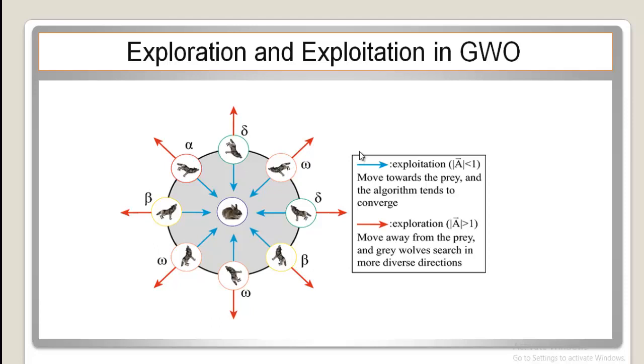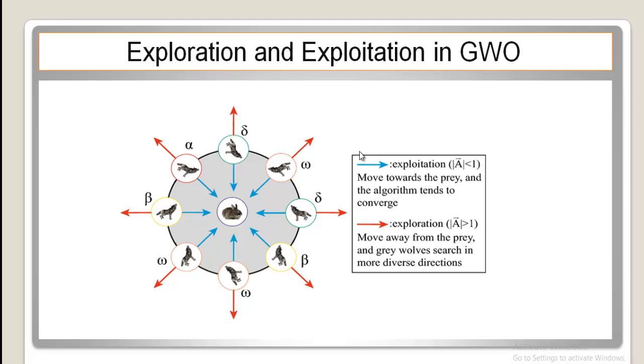This is where our solution is narrowing down the search as the agents get closer to the optimal solution. The algorithm at this stage tends to converge toward the best position. On the flip side, the blue arrow here represents moving outward, which represents exploration, where the value of A is greater than 1.